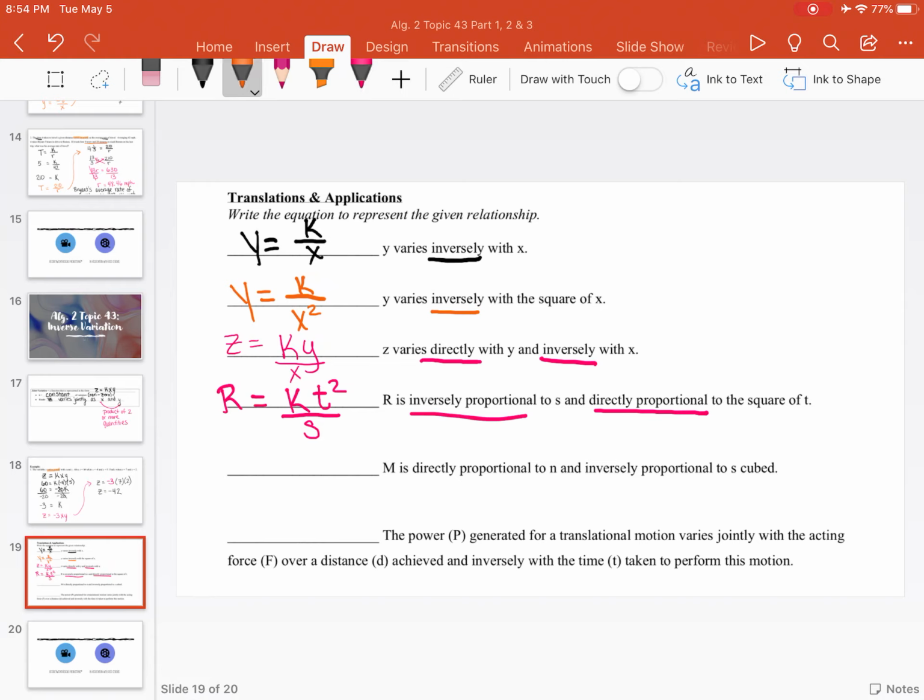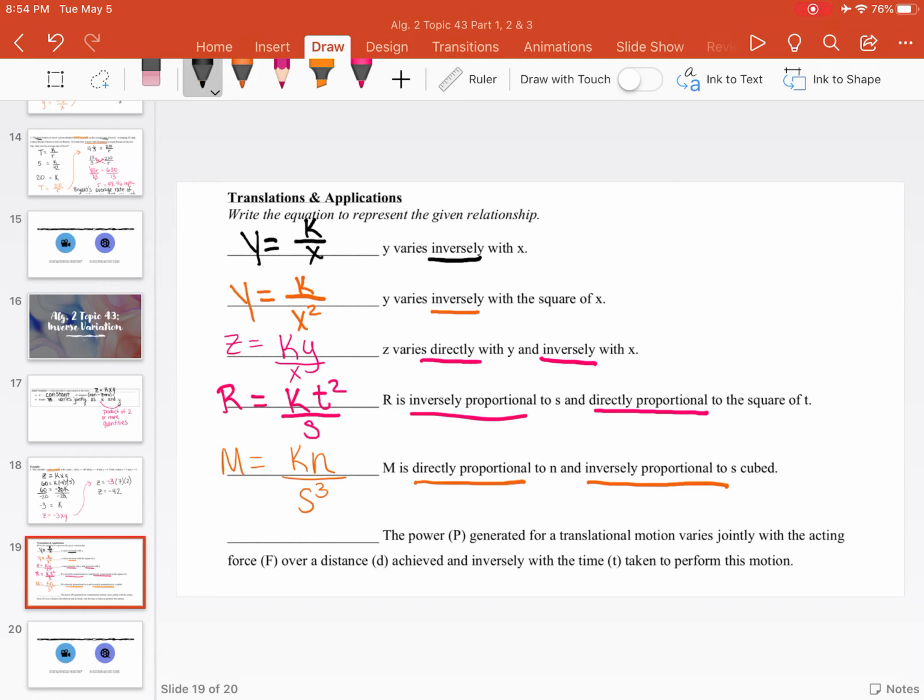Next, m is directly proportional to n and inversely proportional to s cubed. So m equals k. I always like to start off with just writing my constant of variation, just so I don't forget it. Since it's directly proportional to n, n will be in my numerator, and it's inversely proportional to s cubed.